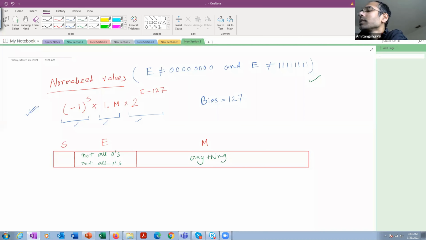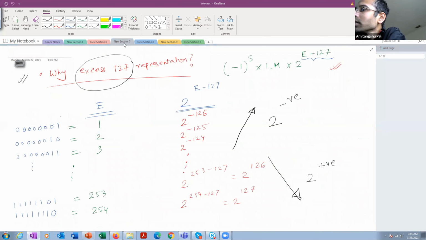Not only that, we can observe that using these normalized values, or using this formula, we can only go till 2 to the power minus 126. So we can vary the exponent from 127 to minus 126.